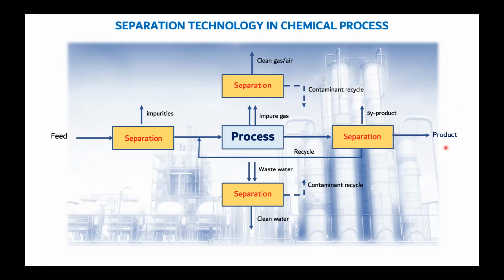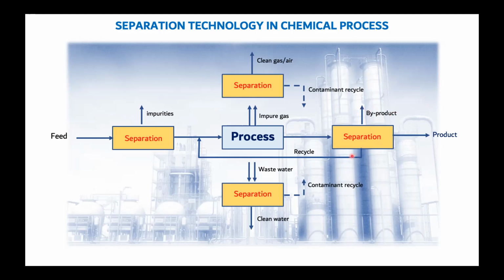Then we can put it into the next processing unit, or maybe sell it. Sometimes in a reaction we can have a byproduct, so we can separate it with this separation block, and this byproduct can also be sellable.